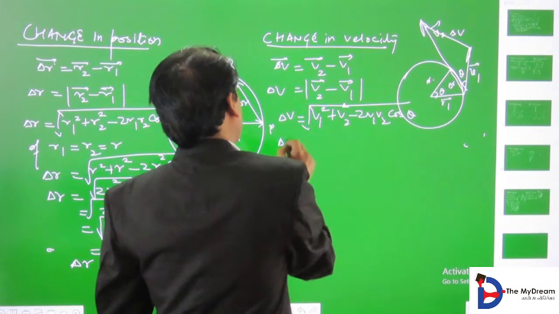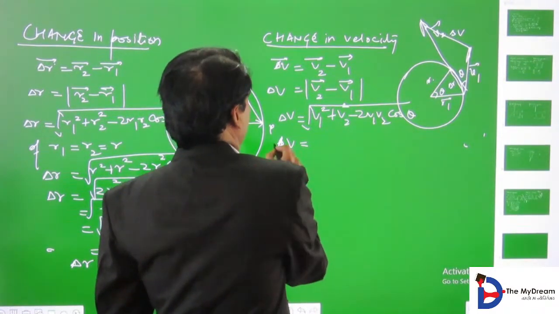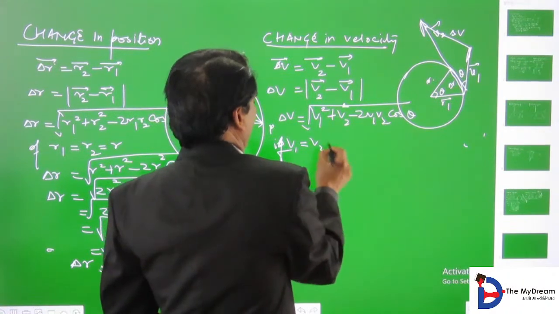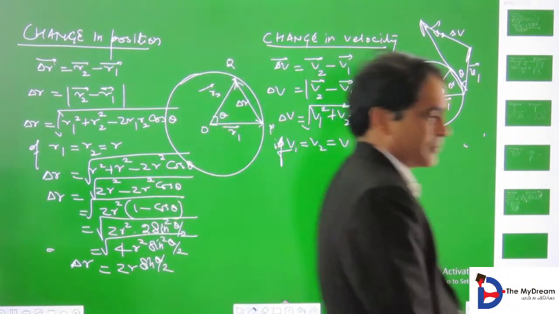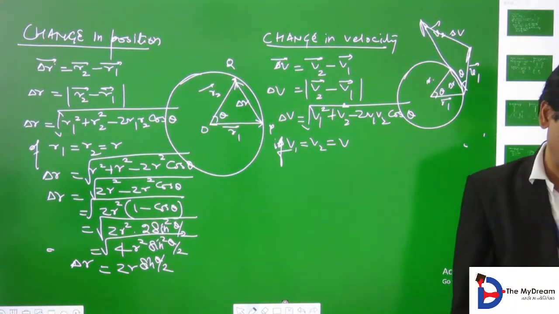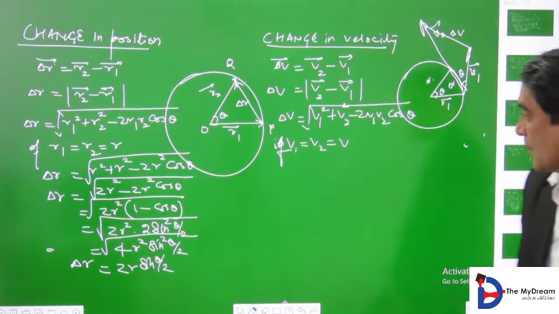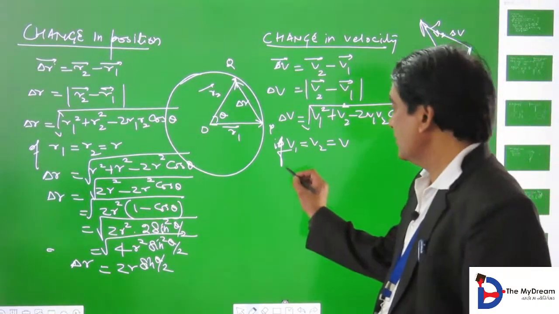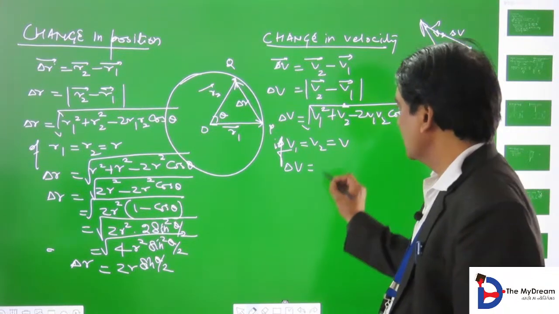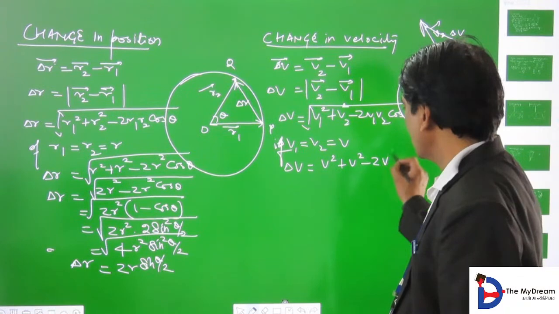If v1 is equal to v2, let it be v. नोट कर लीजिए, then delta v is equals to v square plus v square minus 2v square cos theta.